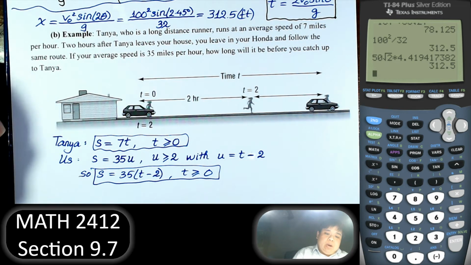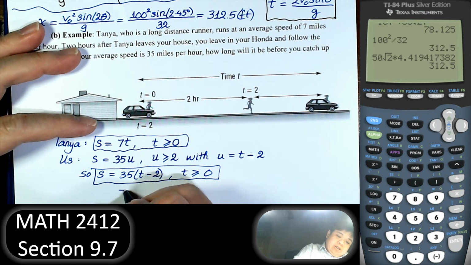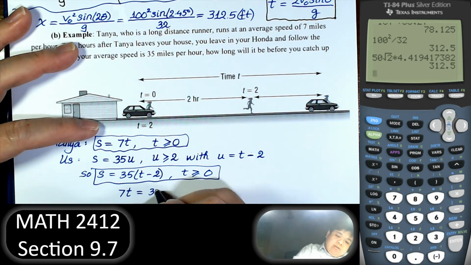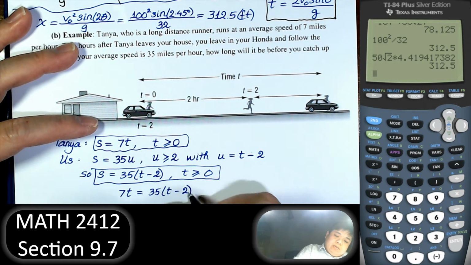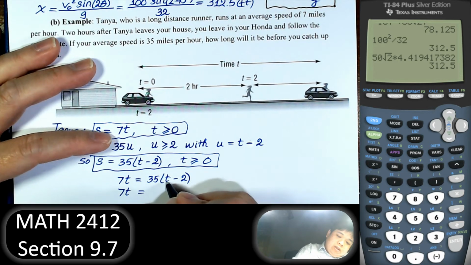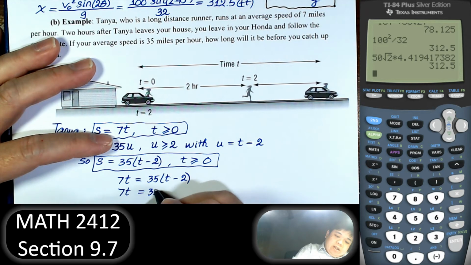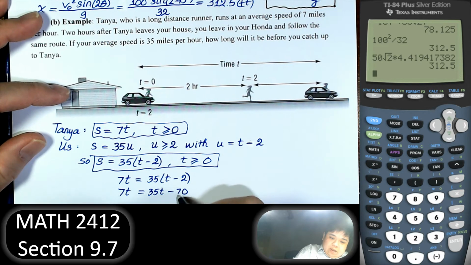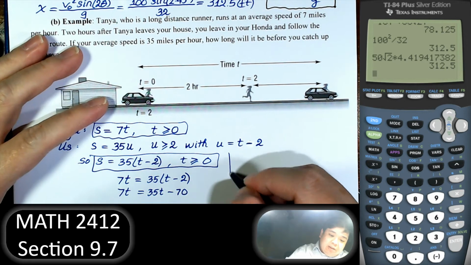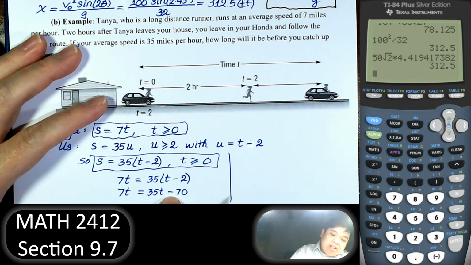And when we catch up, just let them equal each other. 7t equal to 35 times (t minus 2). And then we have 7t equal to 35t minus 70. Move the 70 to the other side, subtract 70.